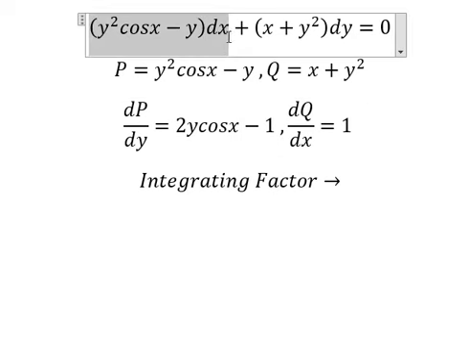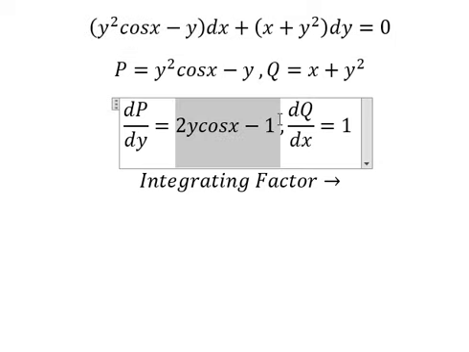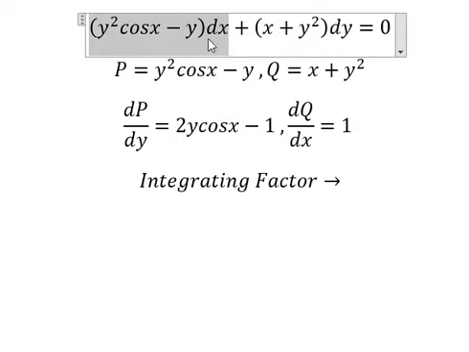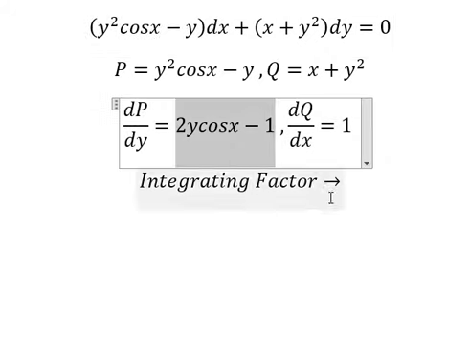But in here, if we do factorization by y, we have y multiplied by y cosine x minus 1, similar for this one in here. So I will choose mu y because we can do about factorization with this one and this one in here.